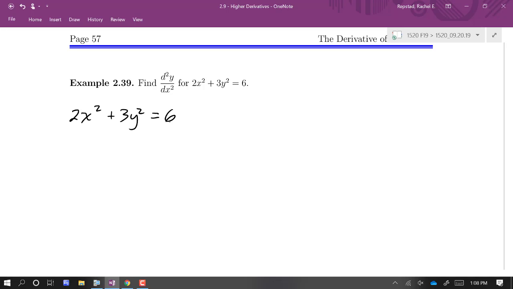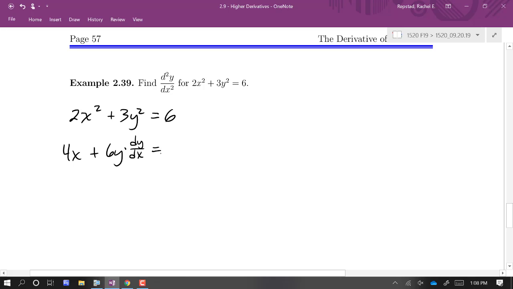So the way that we begin finding a derivative for an implicit function is we just differentiate both sides with respect to x here. So the first term, what do we get? 4x. Yep. How about that second term? 6y dy/dx. Yeah, why do we need the dy/dx? With respect to x.